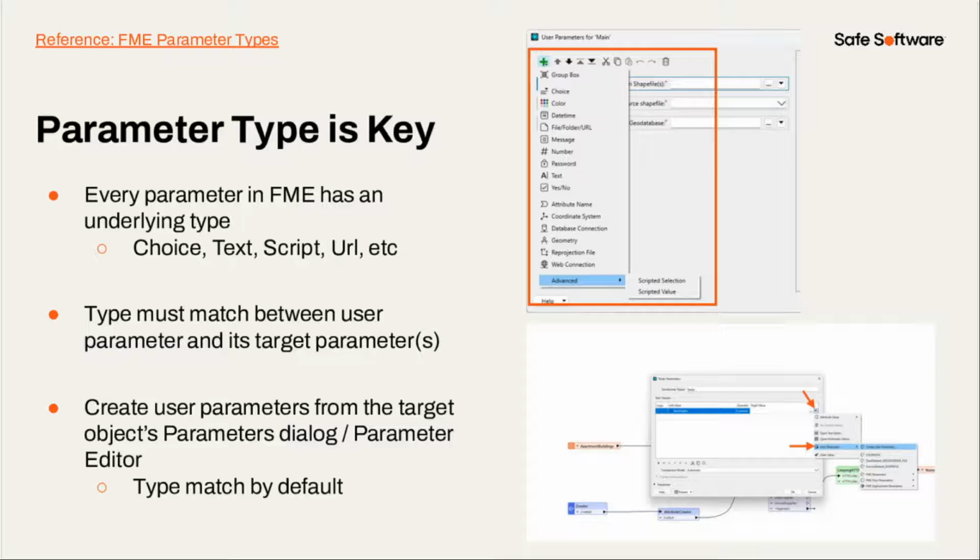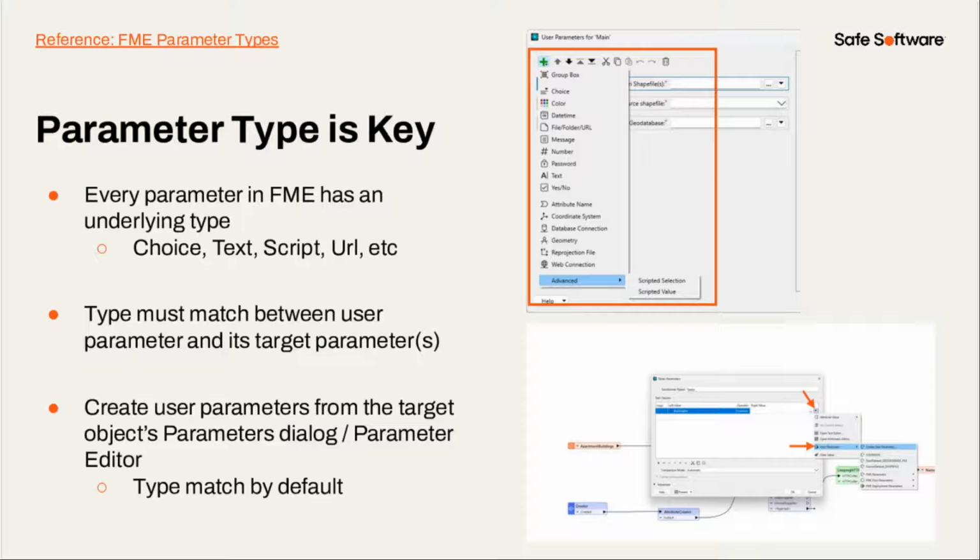Every parameter in FME has an underlying type. Again, the slide here shows that. For a given workflow to function correctly, there has to be a parameter type match between each parameter that you create or apply and the target parameters that you wish to apply those parameters to. Otherwise, you're going to run into some errors.